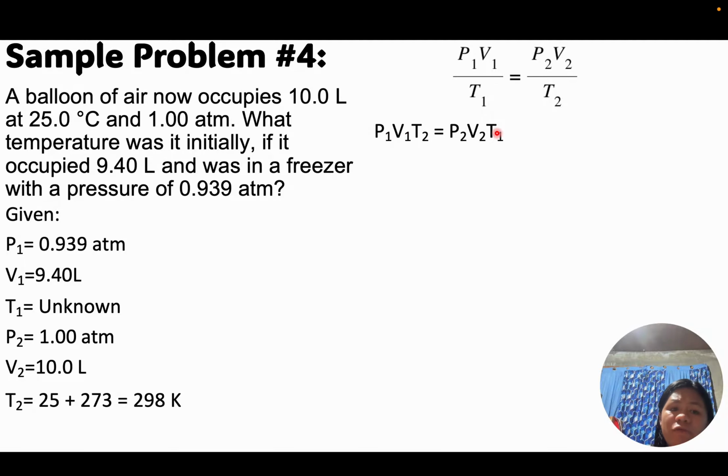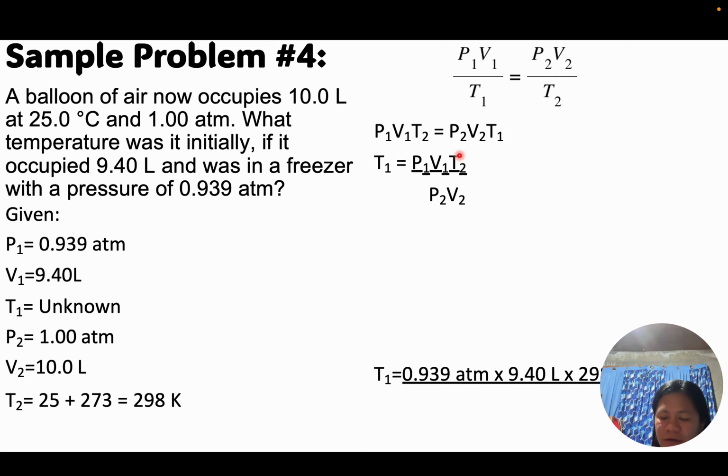So, since we are looking for T1, yung itong P2 at V2, i-transfer lang natin sa baba ni P1, V1, at ni T2. So, baliktad lang siya, pero I hope na gets nila. Okay, so ang P1 natin is 0.939 atm multiplied to V1, which is 9.4 liters. And then, T2 naman natin is 298 Kelvin.